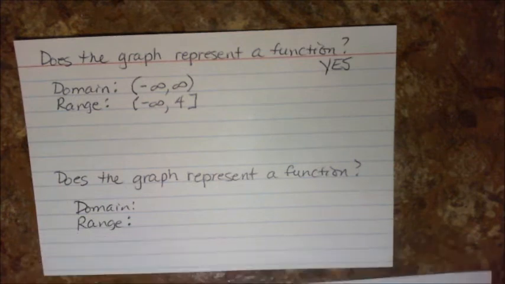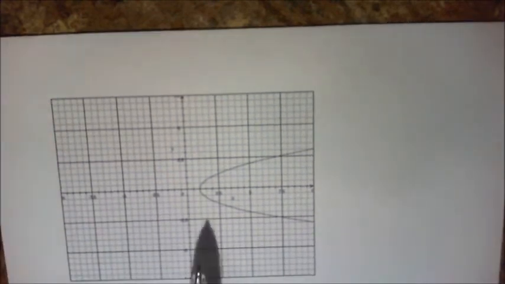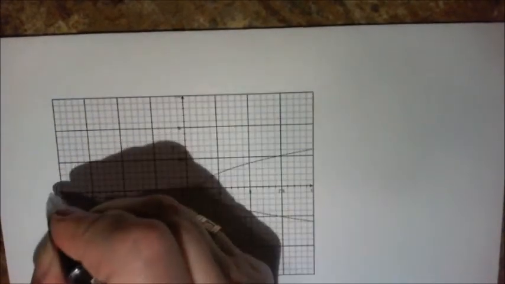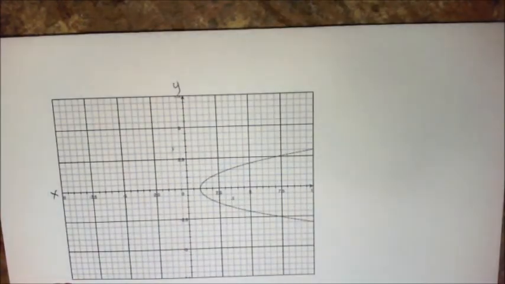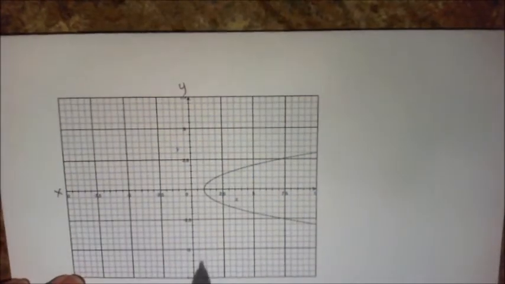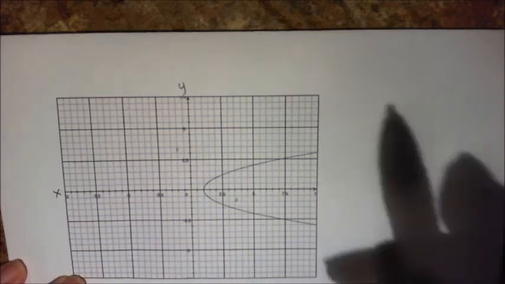All right, let's take a look at another graph. We're going to take a look at this graph right here, and this is our x-axis, and this is our y-axis. Okay, so this one looks like the other one turned on its side. So we're going to see, does this graph pass the vertical line test?